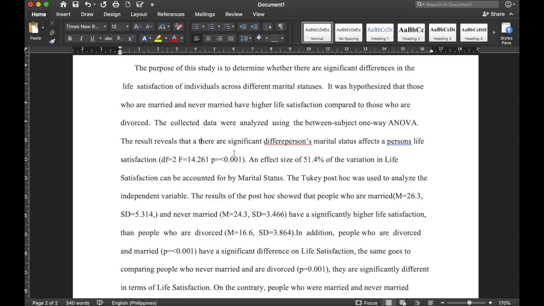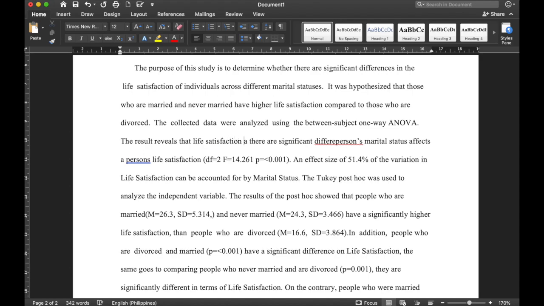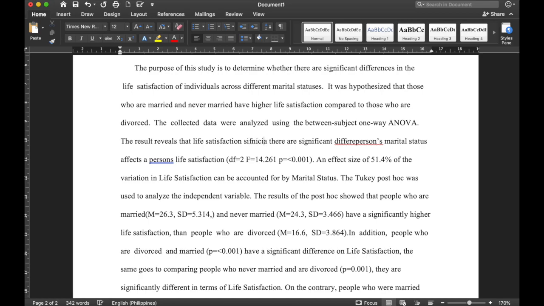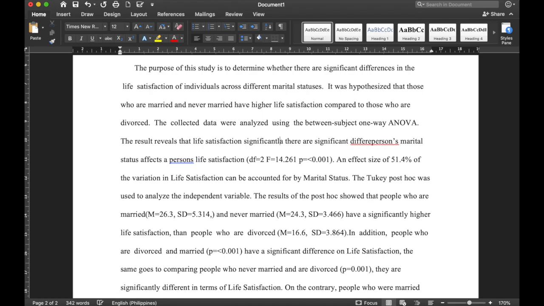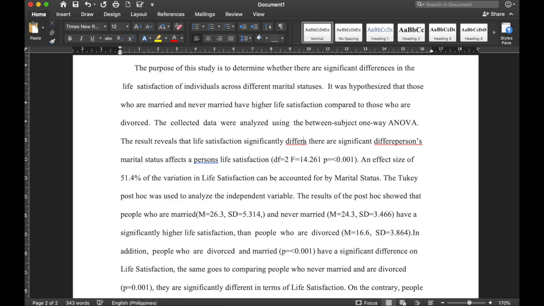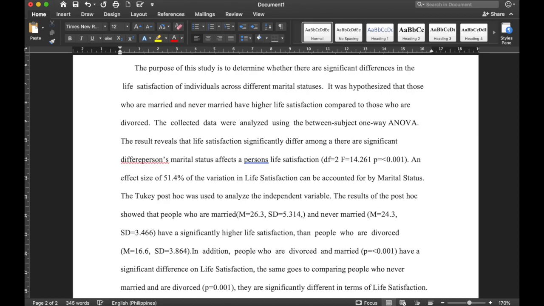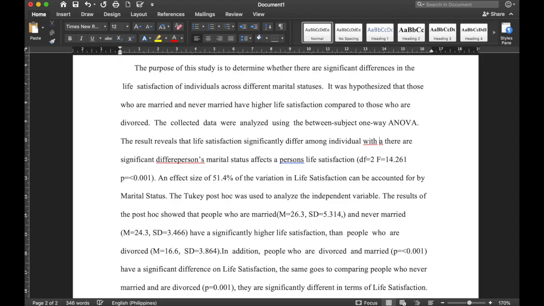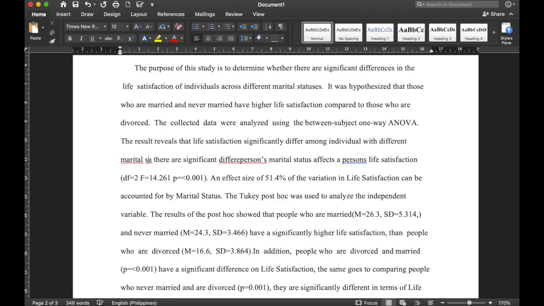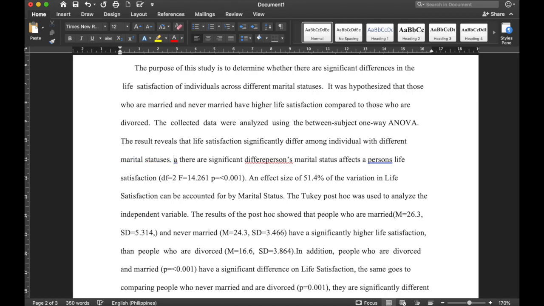Maybe I can say the result reveals that life satisfaction significantly differ among individuals with different marital statuses.